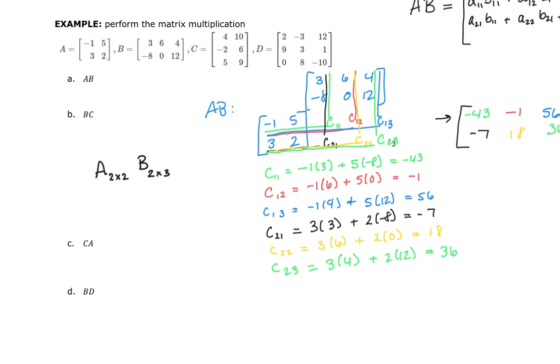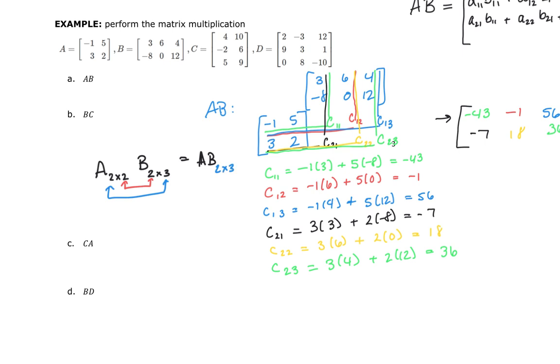Now, the reason it works out is because those two things match up. Your answer will be the AB matrix. When you multiply it together, the answer will be these two remaining, so it'll be a 2 by 3 matrix when you get done.